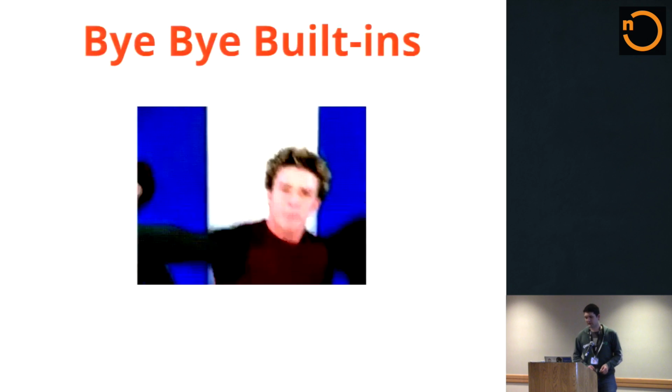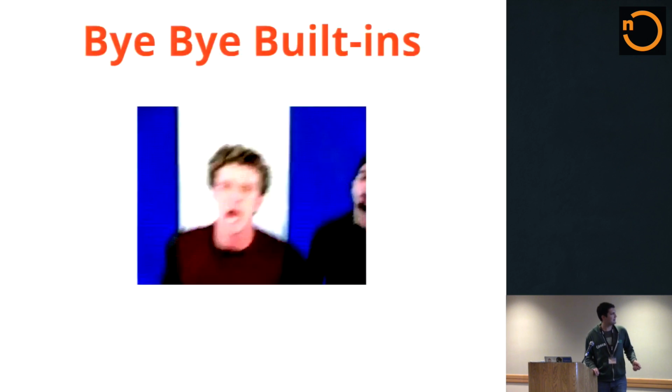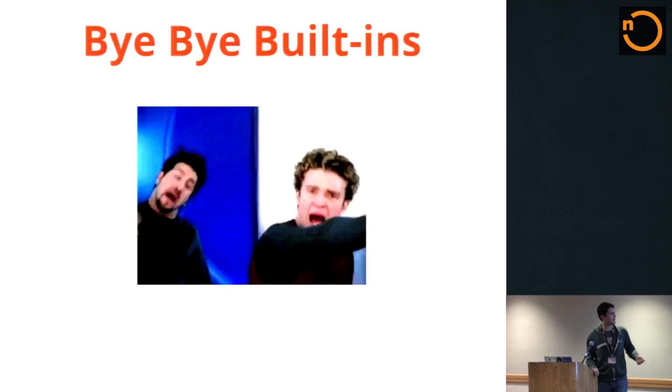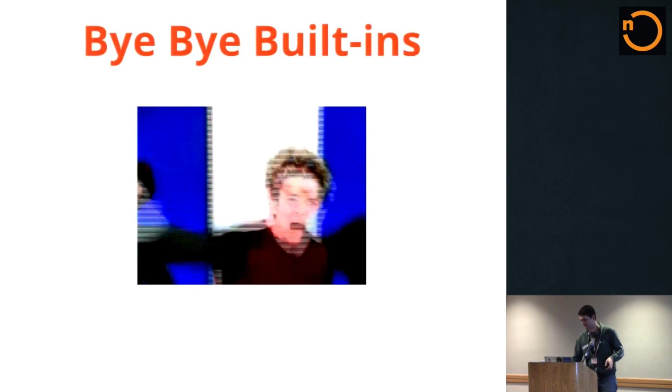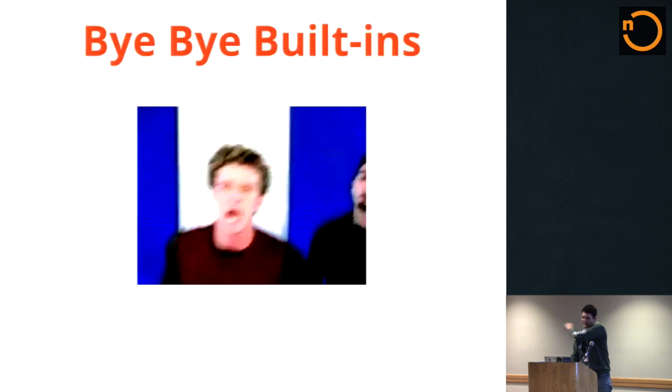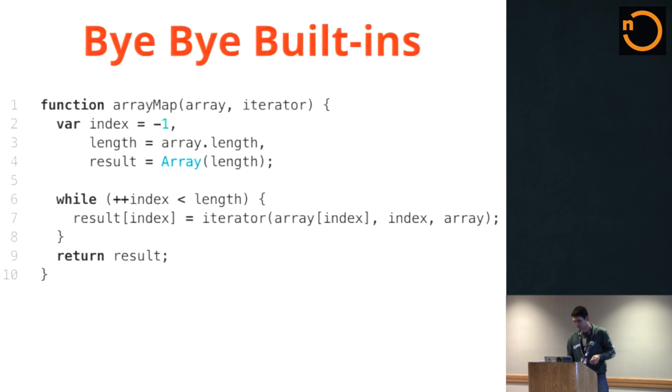All right. The next one is bye-bye built-ins. And I found this. It took me a while to find this gist, but I like it. So it really fits with what I'm about to say. Before I developed Lodash, I looked at native methods, and the performance was pretty crappy.